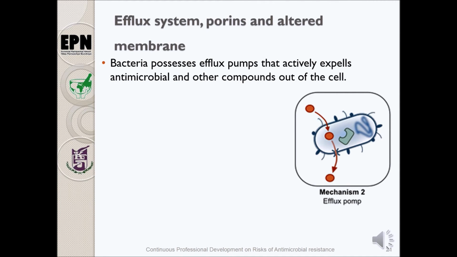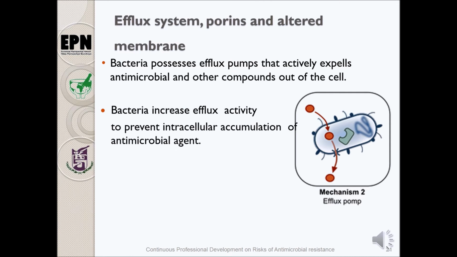Bacteria increase efflux to prevent intracellular accumulation of the antimicrobial agent necessary to exert its lethal activity inside their cell. Membrane permeability can also be altered through regulation of porins, which are the gates into a cell.